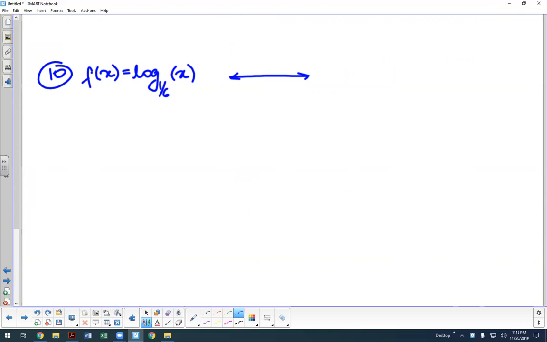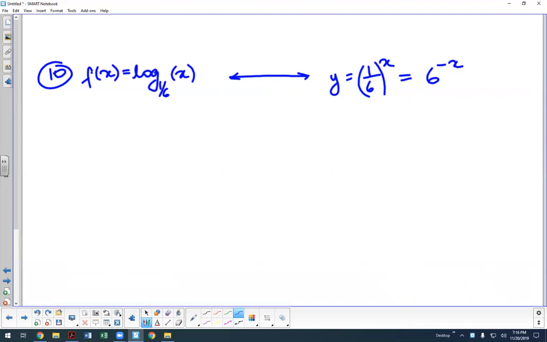One-sixth to the power of x, the same base, 1/6 to the power of x. You can also think about it as 6 to the negative x. Either one of those is going to be our inverse function.